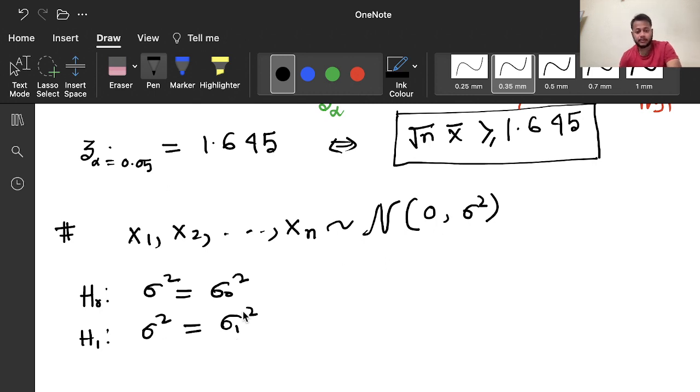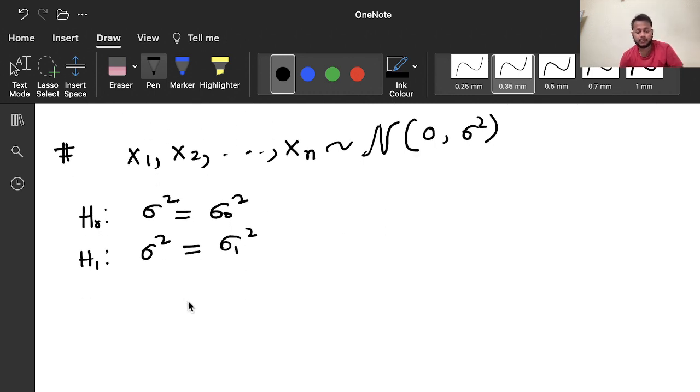Now again, from the previous example we know what the distribution function is. Let me use another color. The probability distribution under the null hypothesis means I have to write the joint distribution of these n random variables.